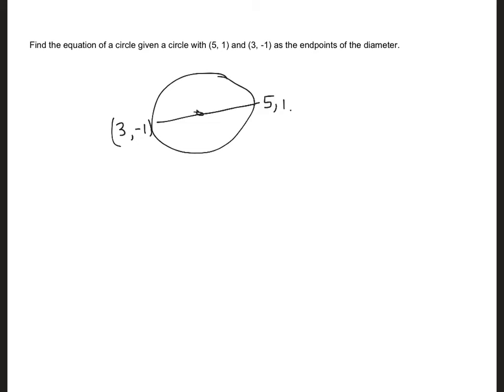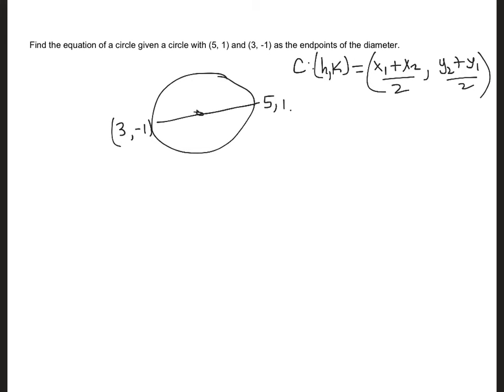How do I get the center? To get the center, which is the same as the coordinates h, k, I take the x coordinates, x1 plus x2, divided by 2, and then y2 plus y1 over 2.